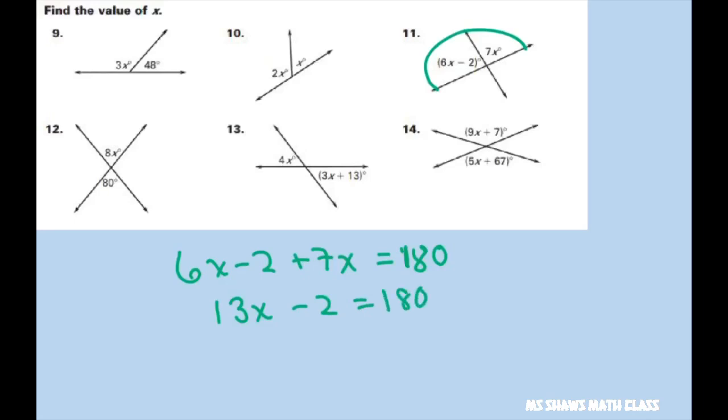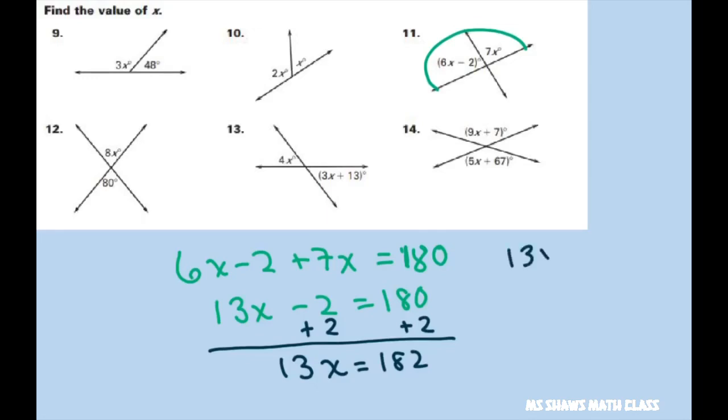Add 2 to both sides. So you're going to get 13x equals 182. And you divide both sides by 13. 13x divided by 13 equals 182 divided by 13, so you get x equals 14. And again, you can check your answers by plugging it in.